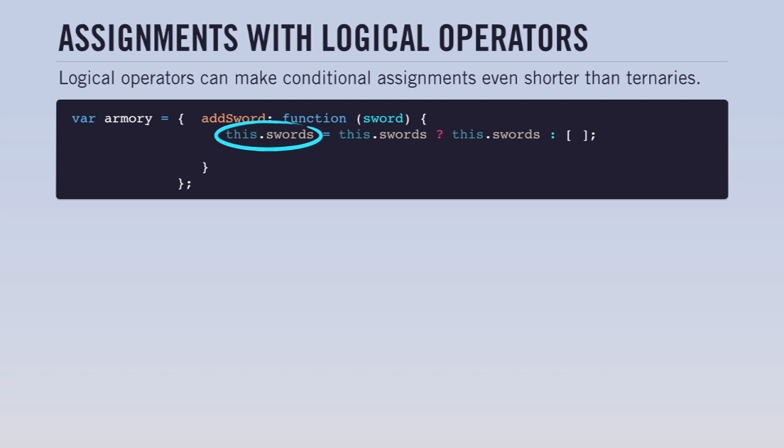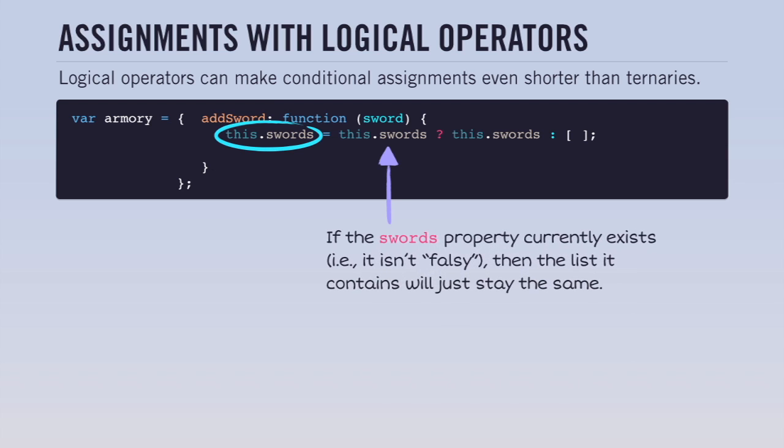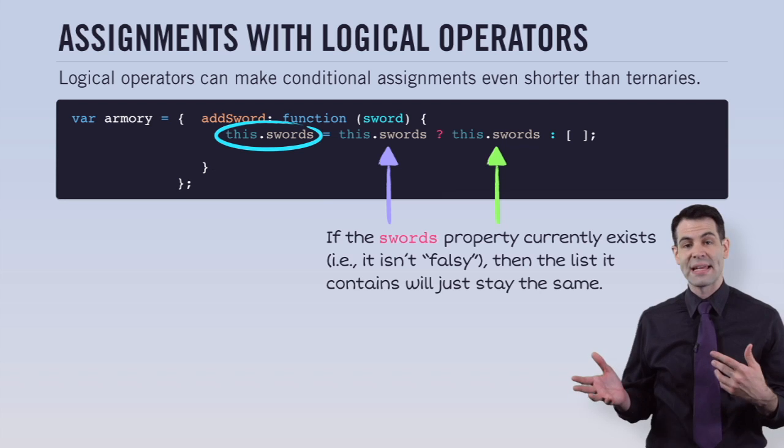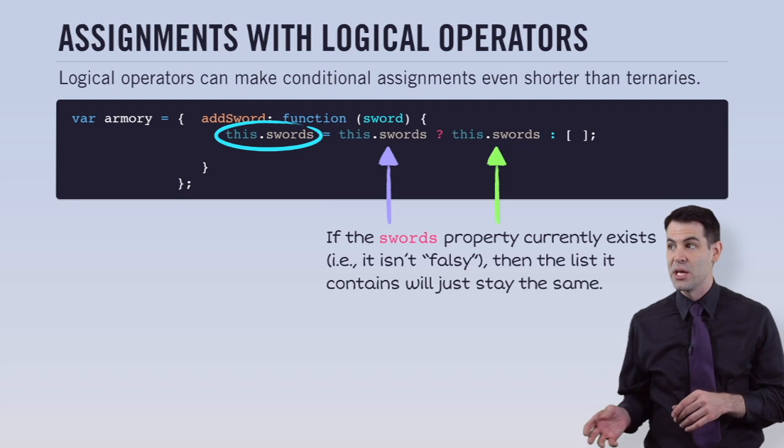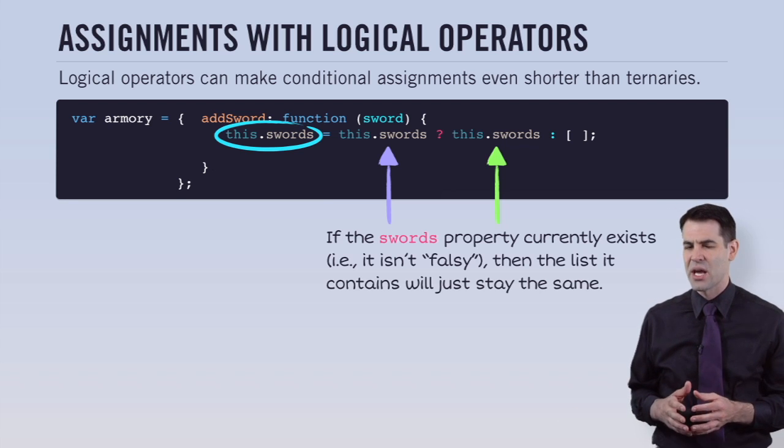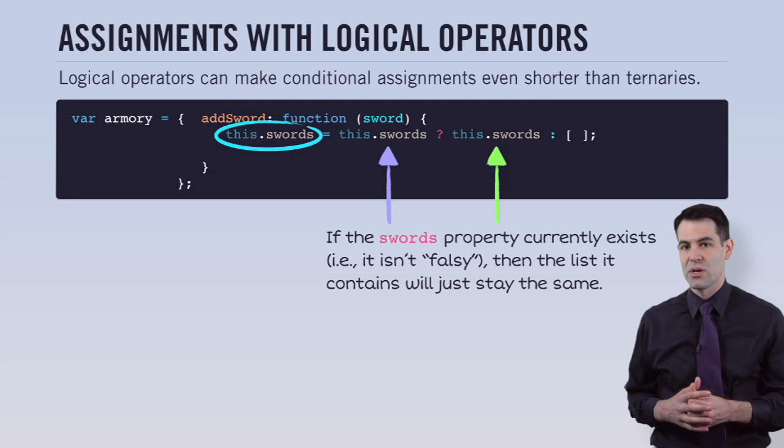Well, what it's doing is examining the armory object and seeing if a swords property actually exists. And if it does, then it's just going to return that exact same contents of that property to the property itself. That may sound kind of weird, but here's what's cool about this ternary conditional.